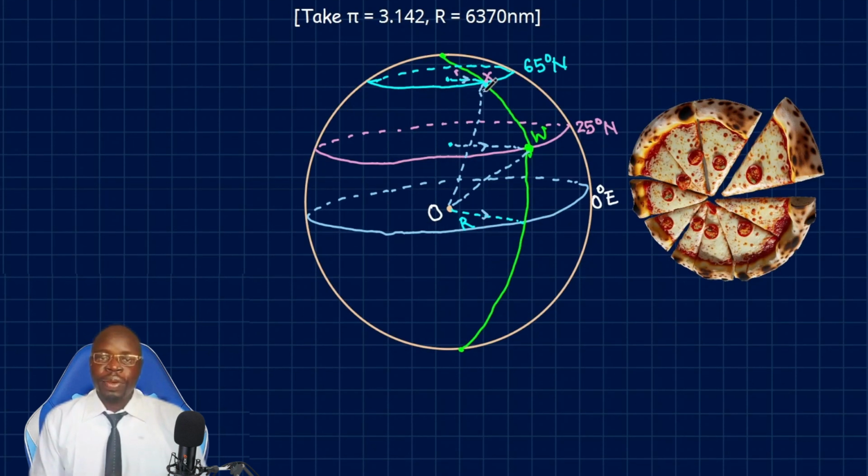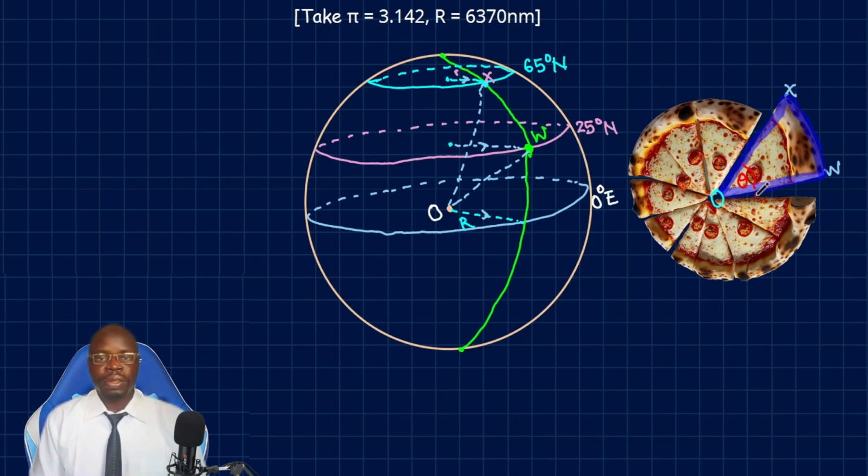From here you can see this is X and W. If this part here is like this small piece of pizza being displaced from the origin, then our X will correspond here and W will correspond here. And the whole geometry looks like we're moving from here, that is the center, and then we're also going like that. So our center is somewhere here. Now we need this angle here, theta.